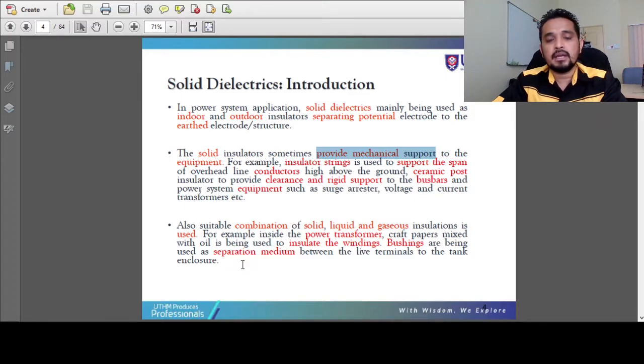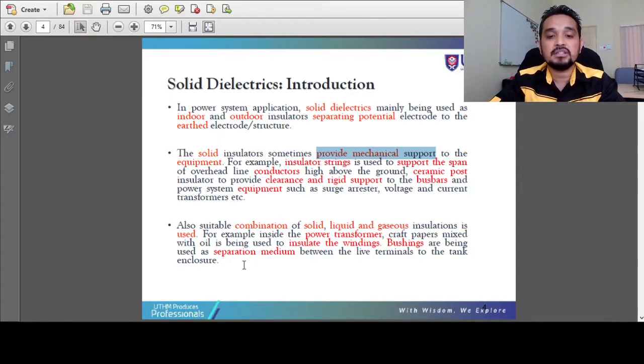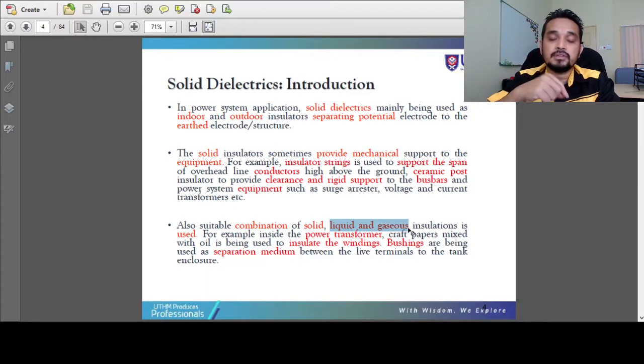Normally it provides mechanical support, as I mentioned before, and an insulating string. Sometimes the solid dielectric needs to be used in combination with liquid and gases. For example, the transformer.